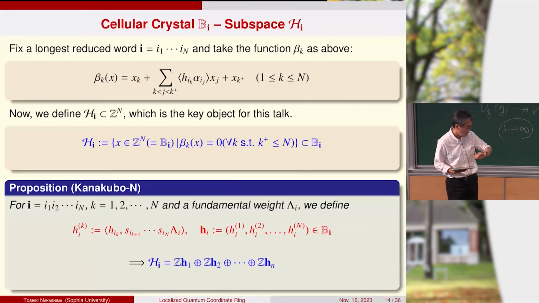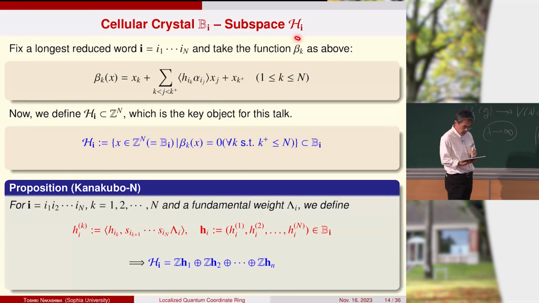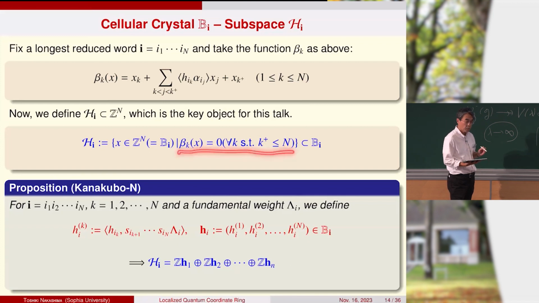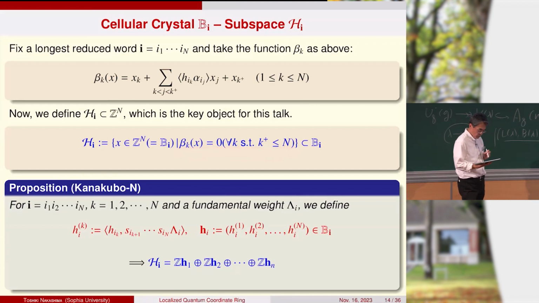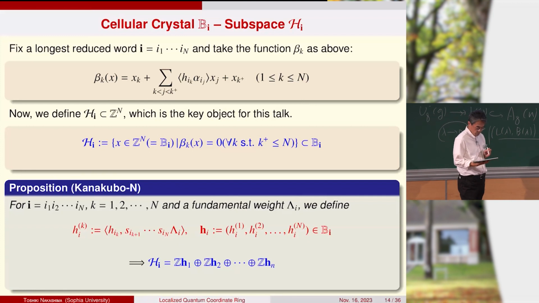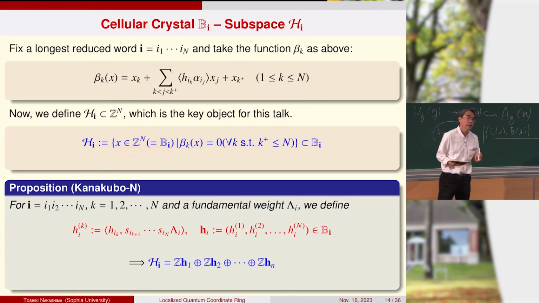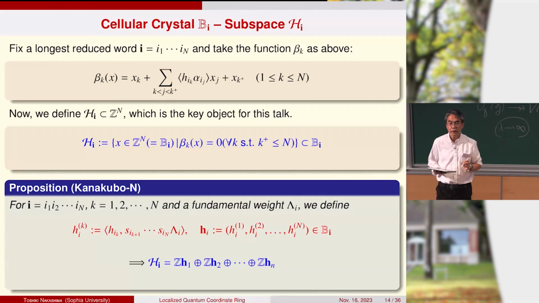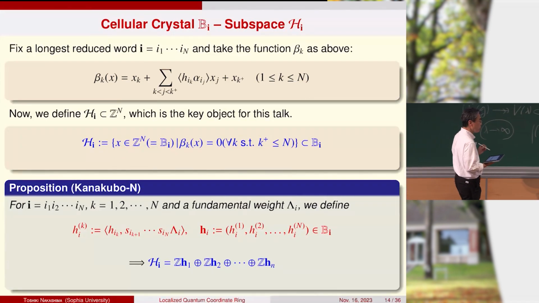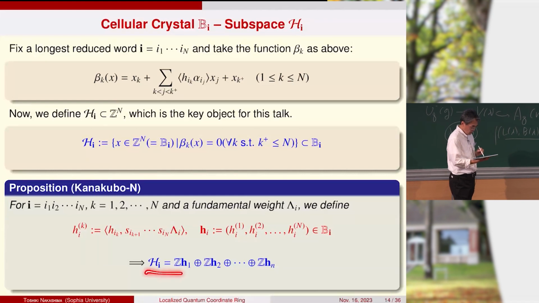And now we have the subspace H_I. H_I is just the solution space of this system of equations, beta_k x equals 0, the integer solutions. Fortunately, this has a natural Z basis, like this. Later we need this one.